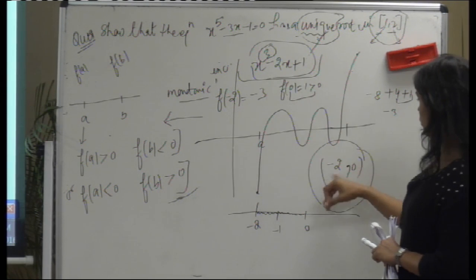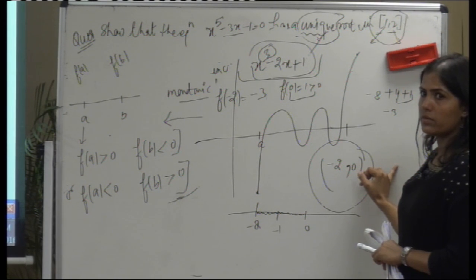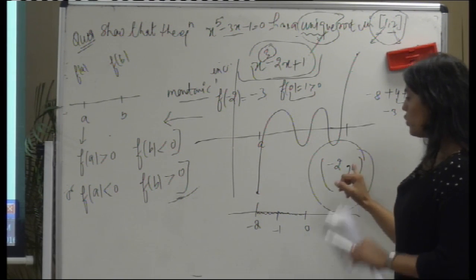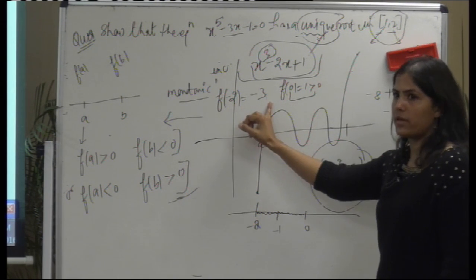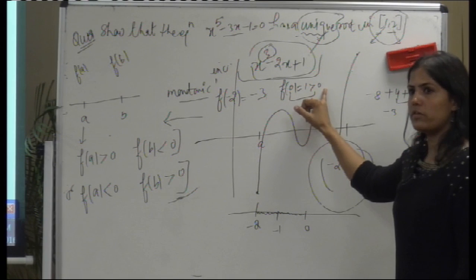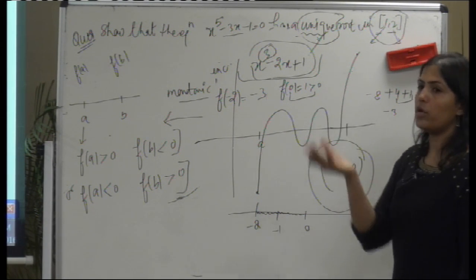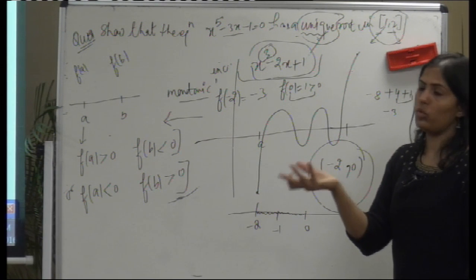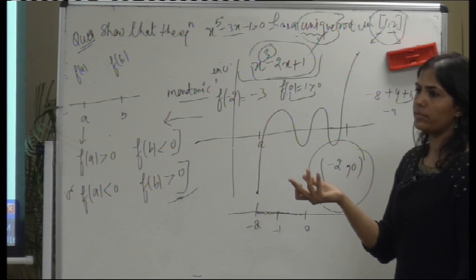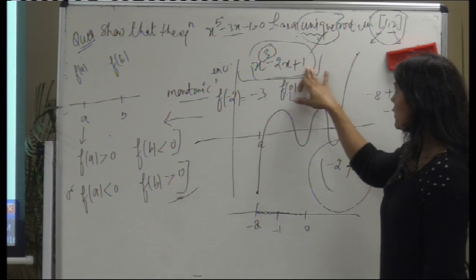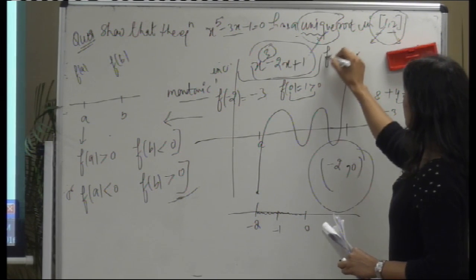But 1 is outside this. I am telling you the intermediate value theorem says that if at minus 2 it is negative and at 0 it is positive, then 100% a root is lying between them. That root could be under root 2, or under root 2 plus under root 3, could be anything. So are you getting any root? Is 1 the root of this equation? Yes, 1 is the root of this equation. So f of 1 is how much?